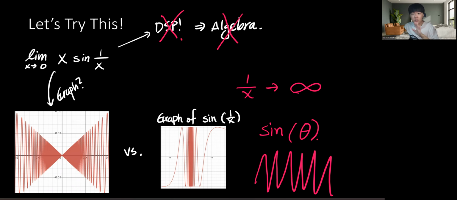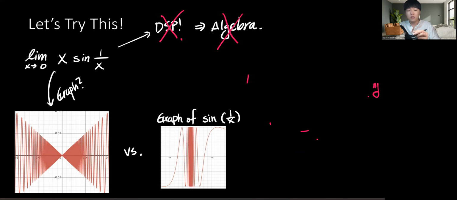Infinity is not a number, but it tells you that the value keeps increasing. So if the values keep increasing, sine x keeps oscillating between negative 1 and 1. So making a table does not make any sense, and even if we make a table, it doesn't help us. So no table.